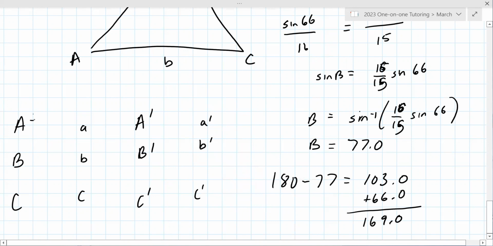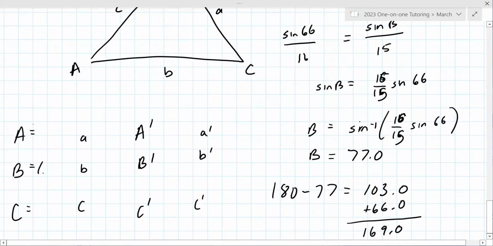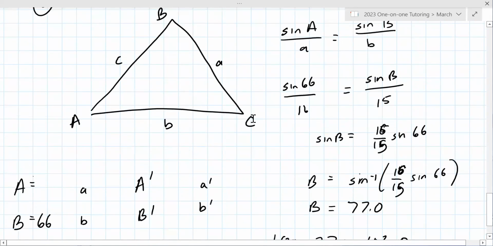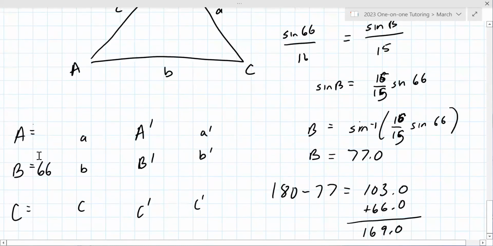So in our given one, we're finding A. A is 77, and then A prime is 103.